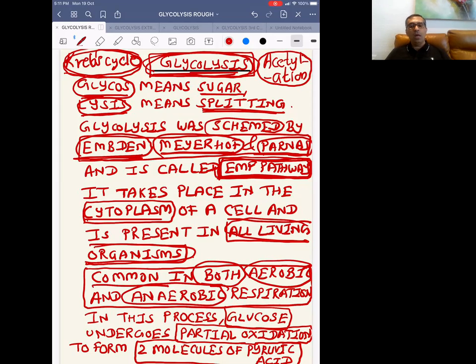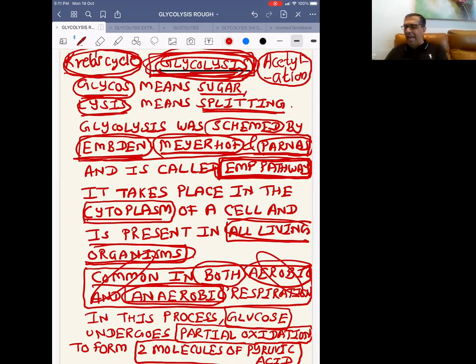If you remember, prokaryotes like bacteria show anaerobic respiration and humans, plants, animals show aerobic respiration. दोनों में common step कौन सा है? Common step in both of them is glycolysis.